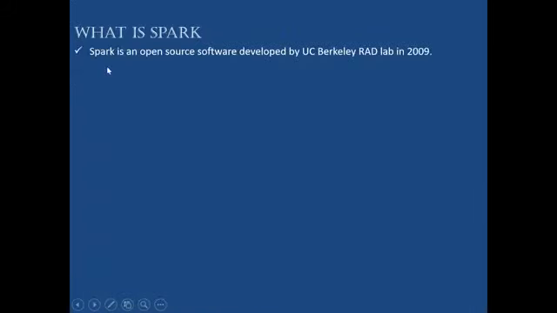Let's move on. So Spark, how many of you know Spark? Anybody heard about Spark?